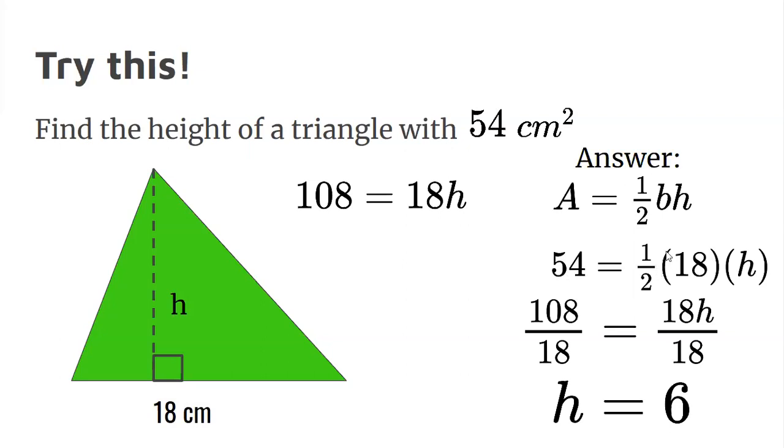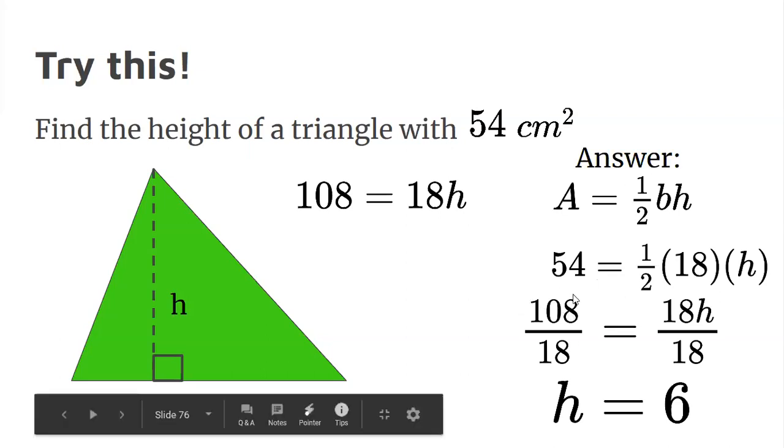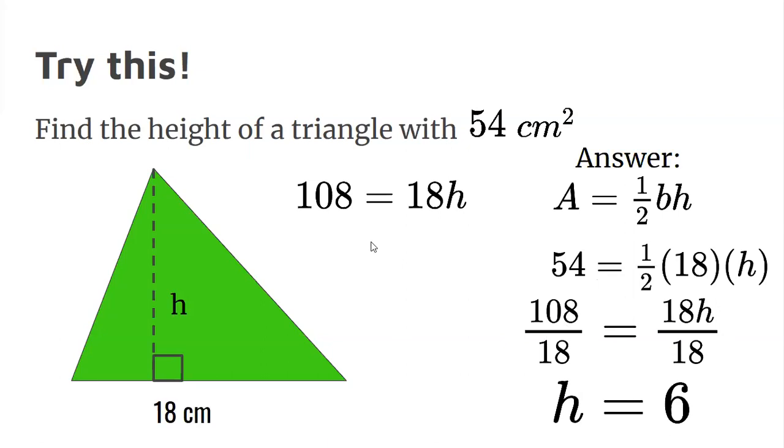So I multiply 2 over 1 on both sides so I can get rid of the 1/2 right here. And then this will create 108. And then we get 18h right here. So the next thing I did was divide 18 on both sides so I can isolate the h. And then you should probably get h equals 6. Or actually 6 centimeters to be exact.